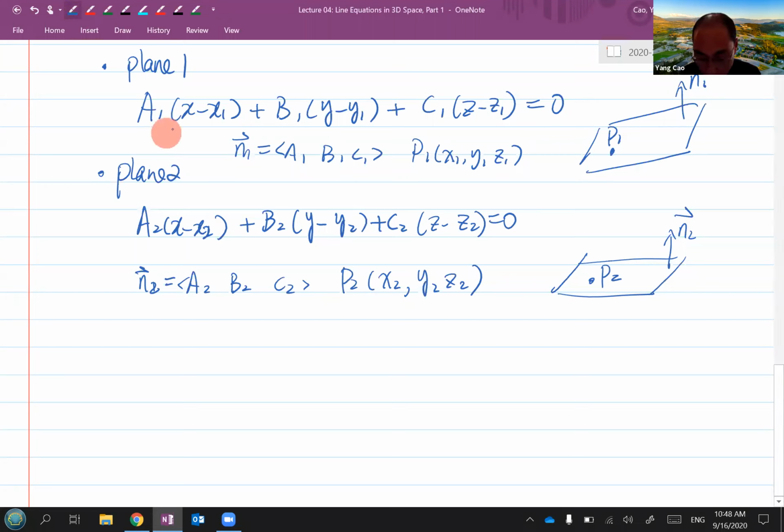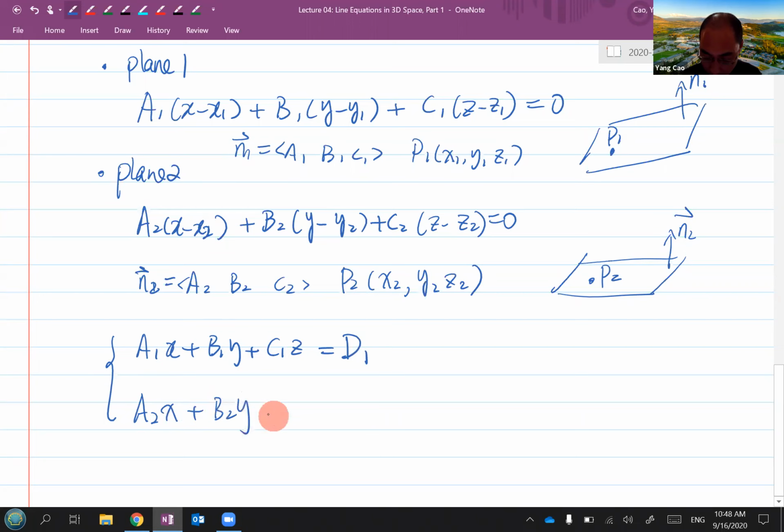Let's say plane number one can be written as A1x plus B1y plus C1z equals a capital D1. The second one just changes 1 to 2.